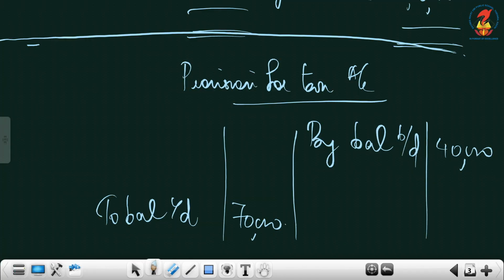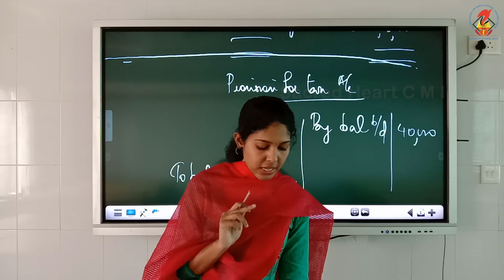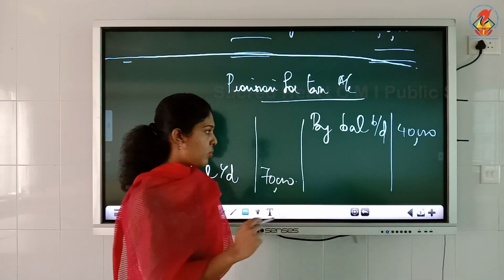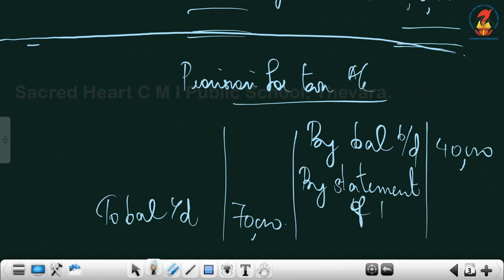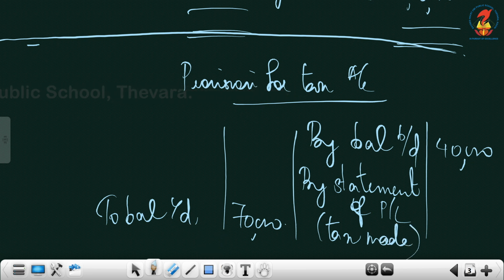Okay, then we will read the adjustment. So the first step is always to write the opening and closing for every account. Then the tax provided during the year is given as 80,000, which we should write as by statement of P&L. So this is tax provided, or you can write it as tax made, and the figure is 80,000.